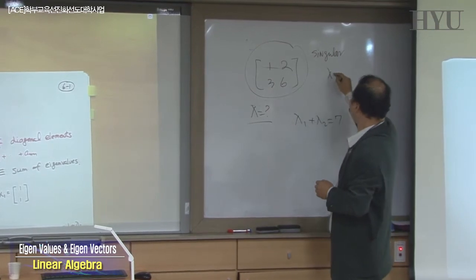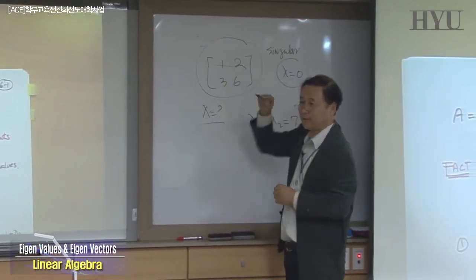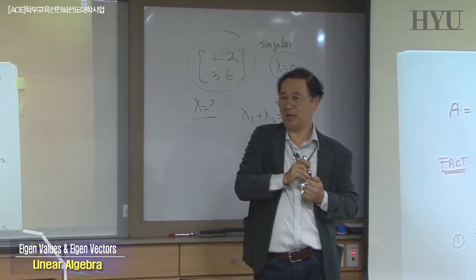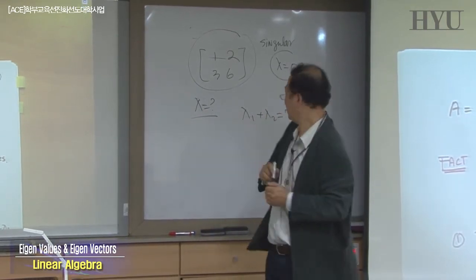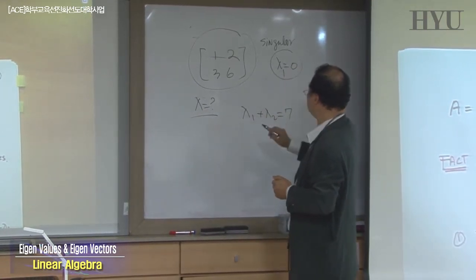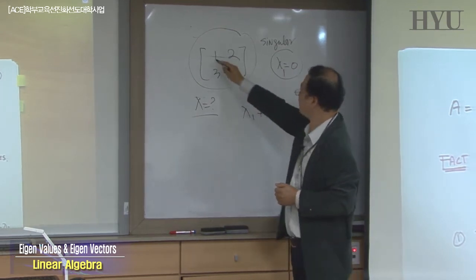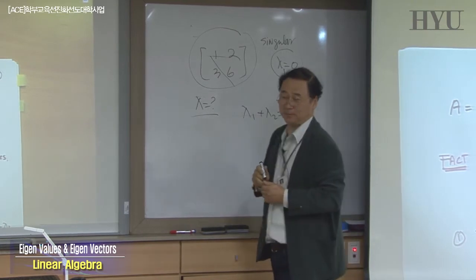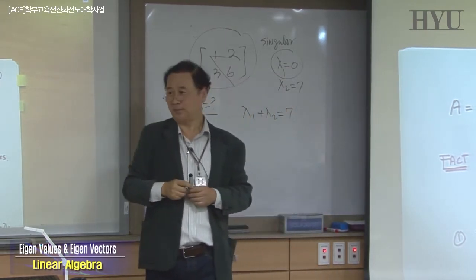It means lambda equal 0 should be at least one of the eigenvalues. Then lambda 1 is 0, then the sum of them is 7. So lambda 2 should be 7, right? Okay?